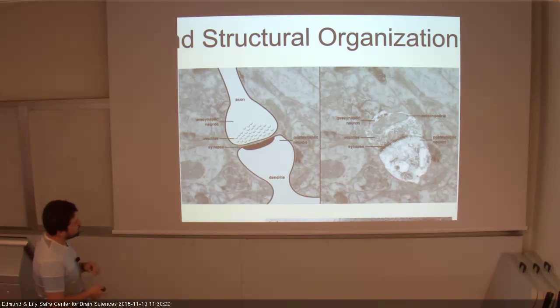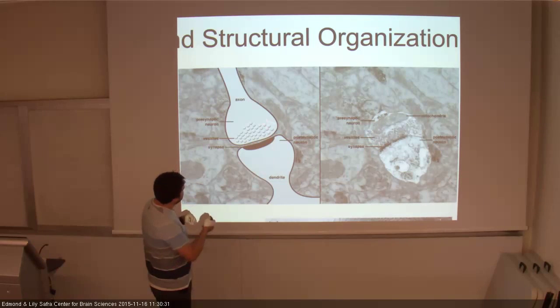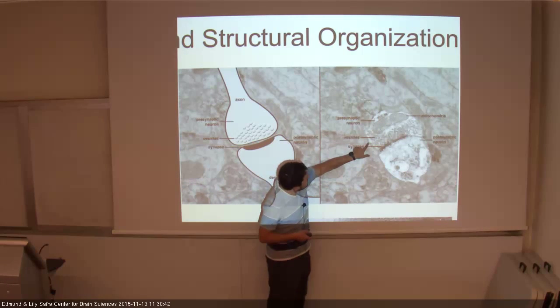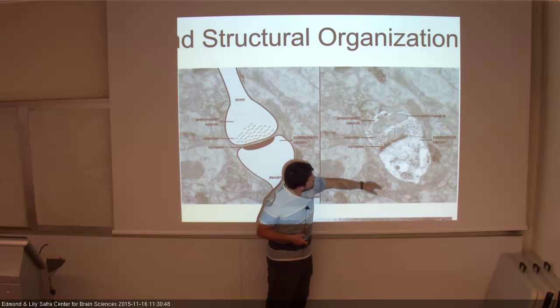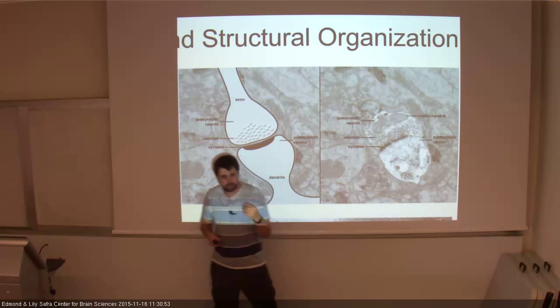But here they highlighted these two areas, and what you can see here, if you have this illustration as a guideline, is the presynaptic terminal, which is a little bit hard to see, but you can see there's also a bilayer here, right? You see these two lines, and also here in certain regions you have these two parallel lines.